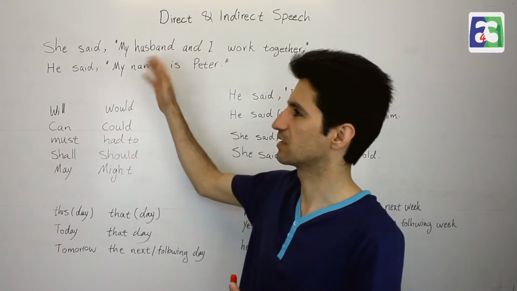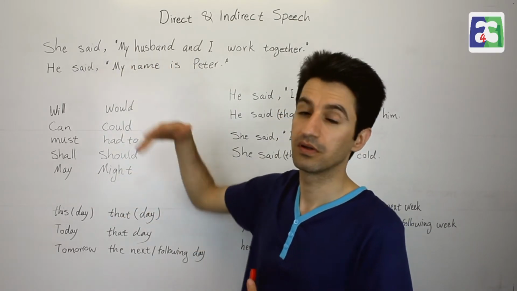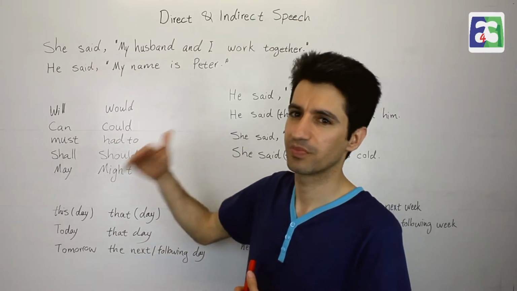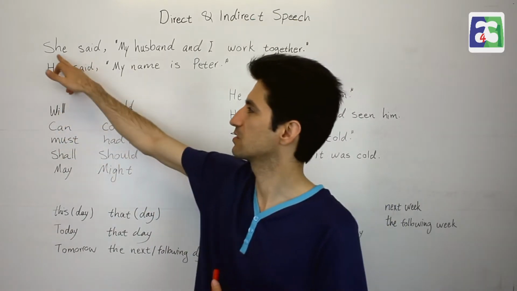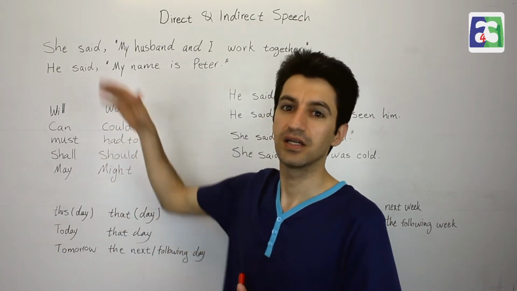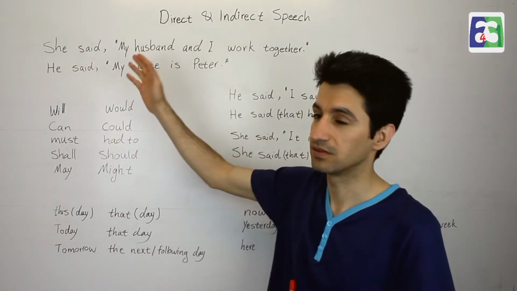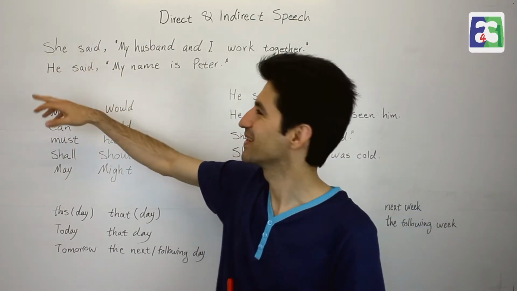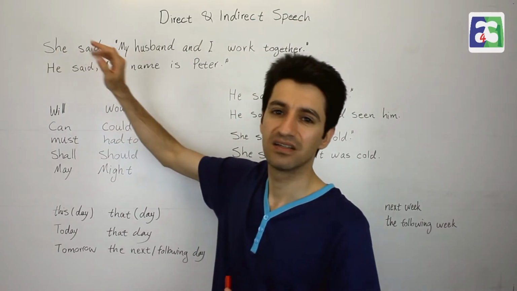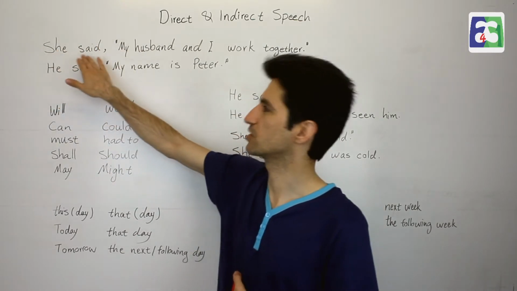Or if the person says here, it goes back to the place that the person mentions, not here. Or when it says today, it goes back to the day that the person has mentioned. So whatever she says is repeated, and I just put it after she said.